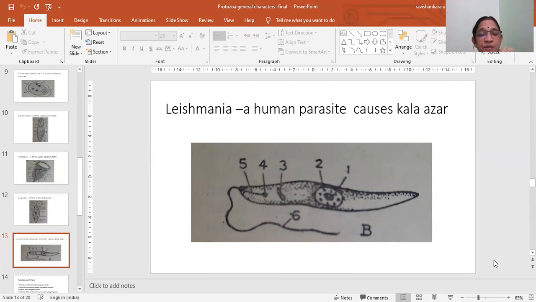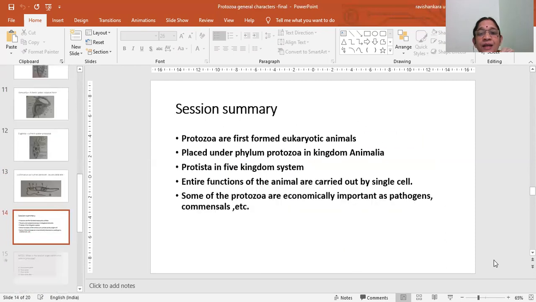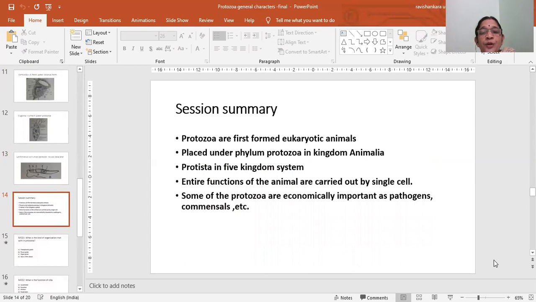So with this, we come to the end of this session, and we have a session summary. Protozoa are the first formed eukaryotic animals, and they are placed under the animal kingdom as the first formed life. In the five kingdom classification, they are placed under Protista because all unicellular organisms are placed under Protista.